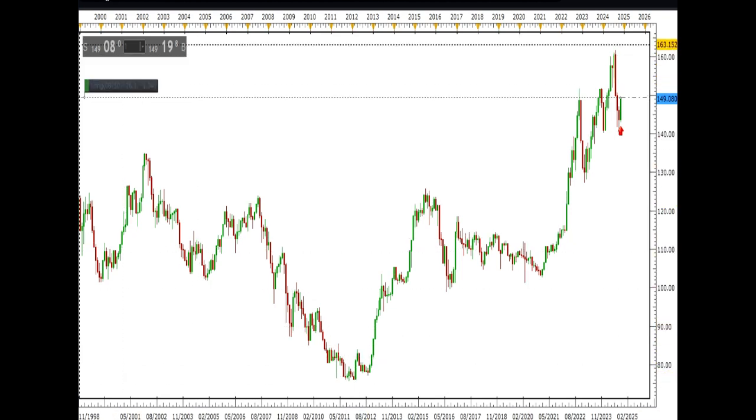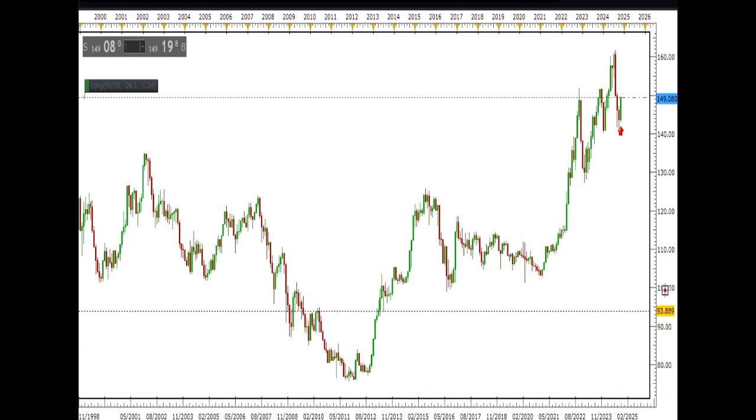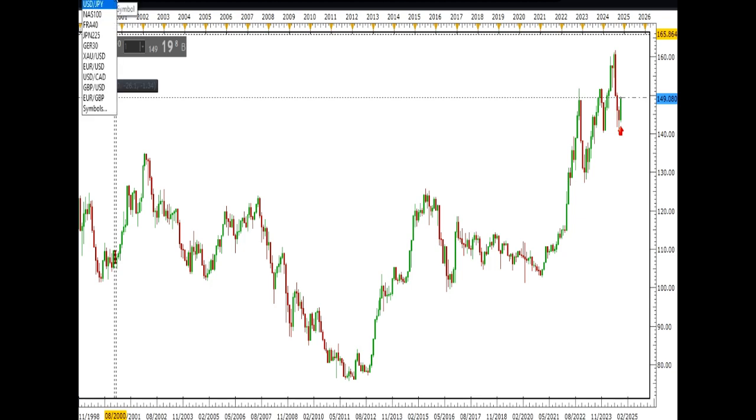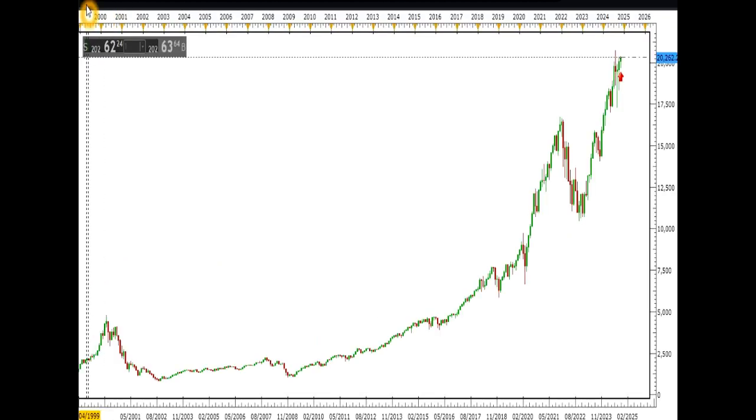This is the USD JPY that I'm looking at. You see the price panel goes up to 149.08. If I swap that over to the NAS 100 or the NASDAQ, you see that the price goes from 0 up to 20,262, which is the current price.